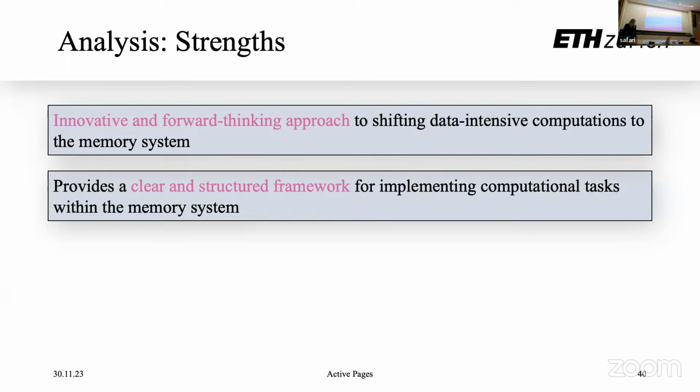Furthermore, the clear and structured framework provided by active pages for the implementation is very good. It further facilitates the understanding of active pages and lays the groundwork for future practical implementations.